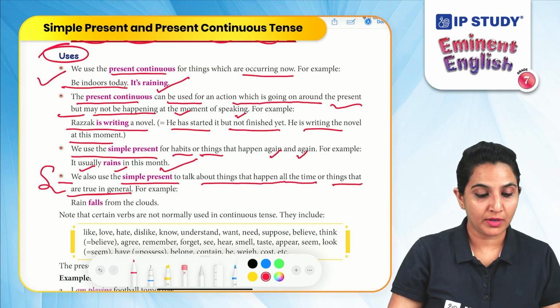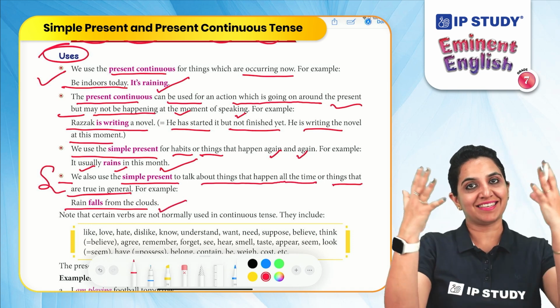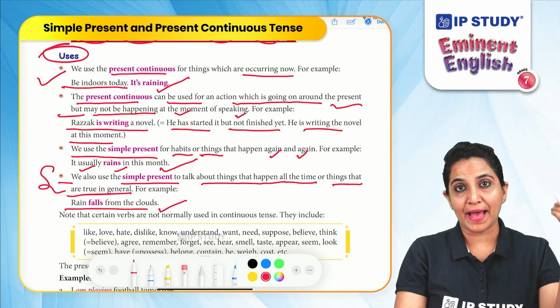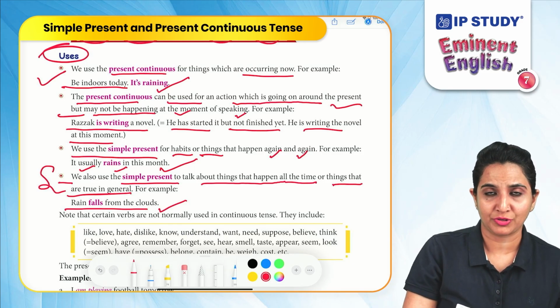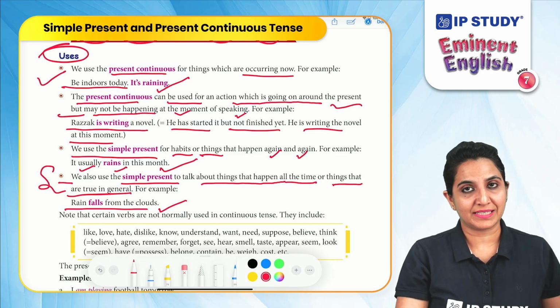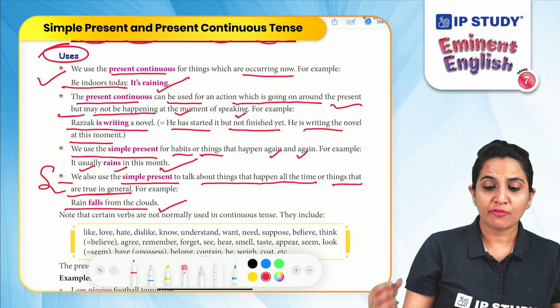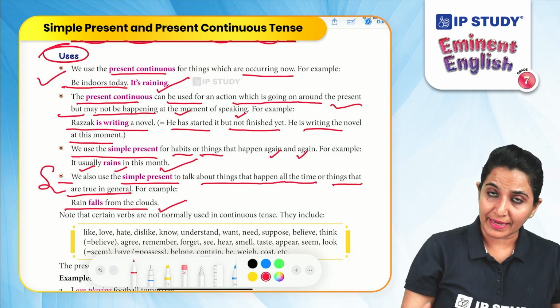For example, rain falls from the clouds. The sun rises in the east. So all of the facts which happen on an everyday basis or are generally true, we use simple present tense for them. And we use simple present tense for habits or things that happen again and again.